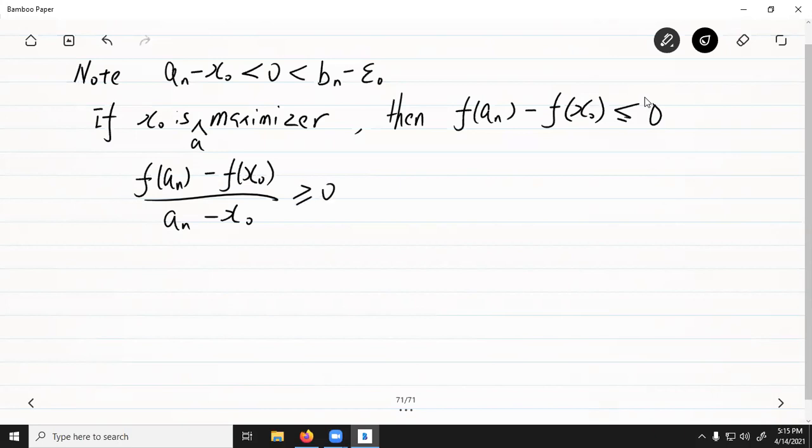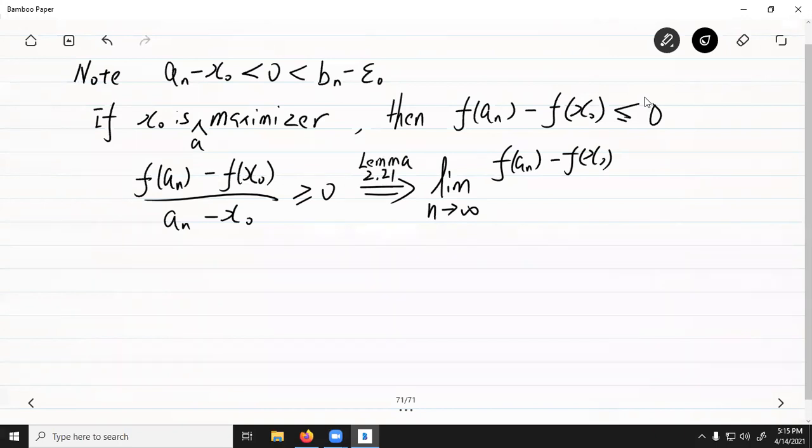So this one is greater than or equal to 0. Then if we take the limit, the limit will have the proposition. We have the lemma, if you don't know that, you can go back to check, Lemma 2.21. It says the limit is still greater than or equal to 0.